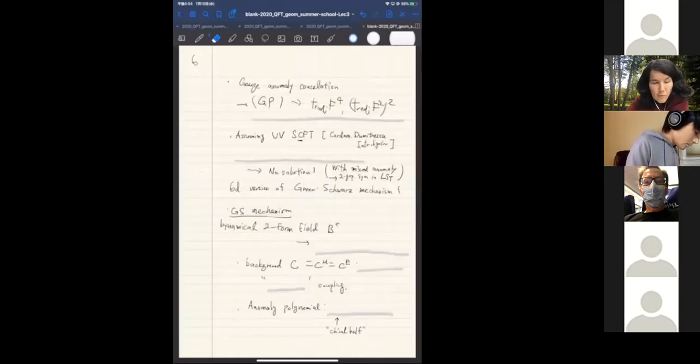So the pure gauge anomaly looks like these two, and these two should vanish.